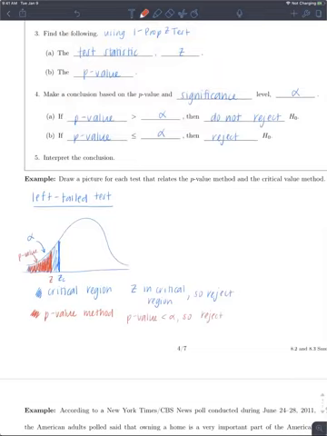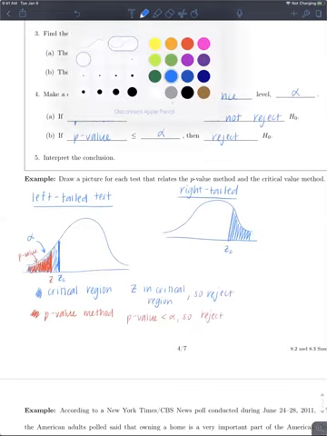Is this picture clear to everybody, what I'm talking about? Okay. And you could do it for the other tests as well. If I had a right-tailed test, it would just look like this. That's a bad normal curve, but that's okay. If this is Z sub c, I could make the same conclusion.